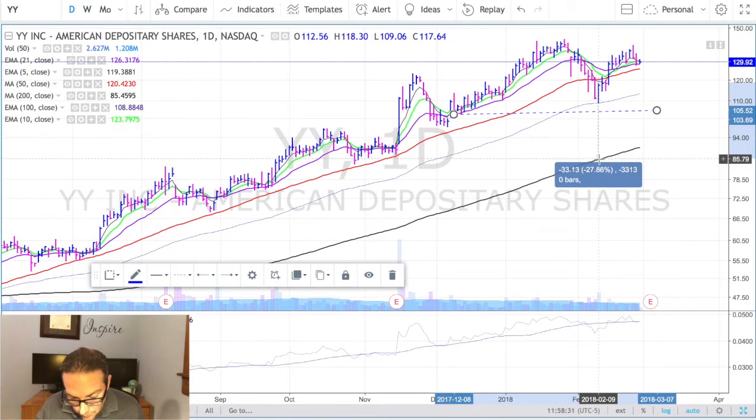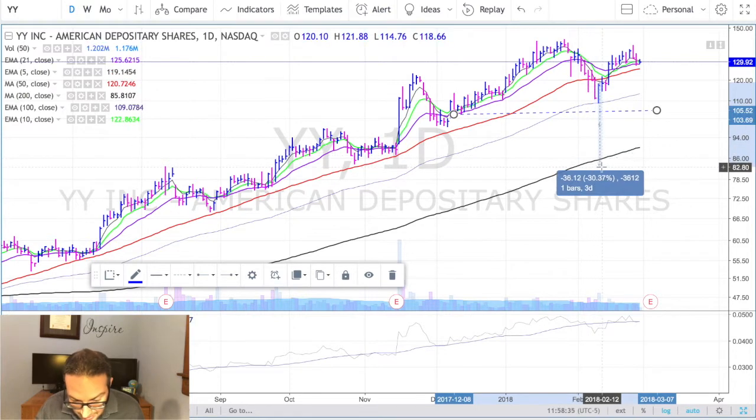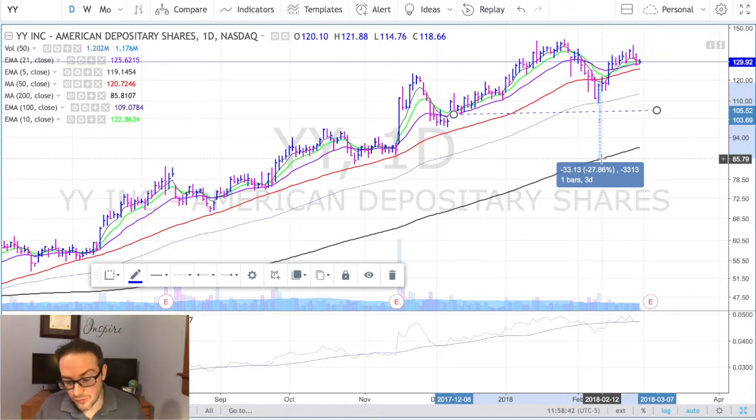Like, if you wanted to test that 200-day moving average, then just from a break of the 50-day, you would have to sit through another 27-30% drop, and that's something that would be difficult for most people, unless if you are somebody that's really a buy and holder and intend to hold this for several years and not even look at it.